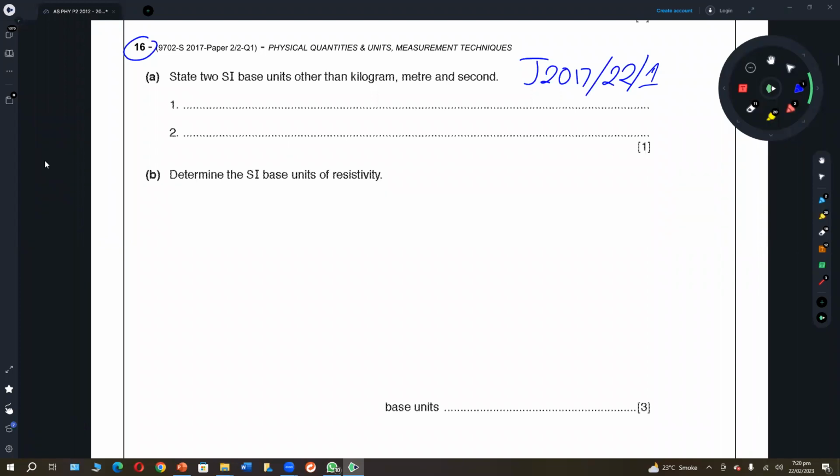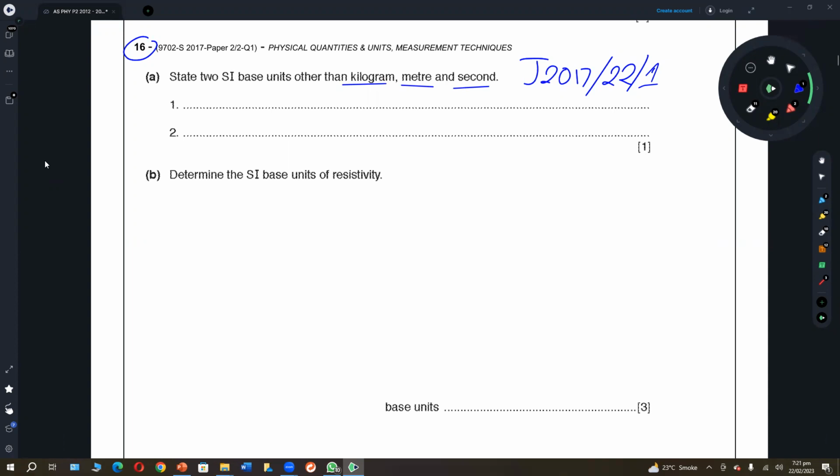State two SI base units other than kg, meter, and second. I think this is one of the most common questions that come from paper one. There are 7 base quantities. He has mentioned kg, meter, and second, so I still have 4 left.